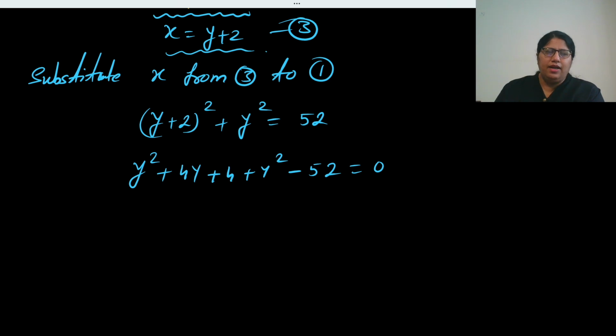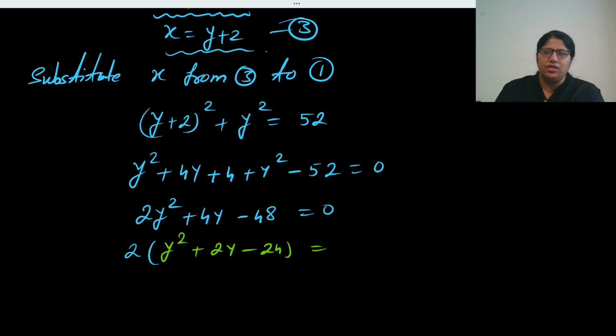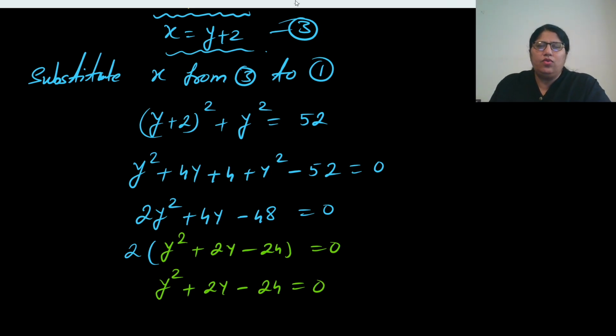Add and subtract like terms based on their sign, so 2y square plus 4y minus 48 is 0. And what is the common factor? 2, right? You need to always get the simplest form of the equation. So y square plus 2y minus 24 is equal to 0. Now you are reaching the quadratic equation.